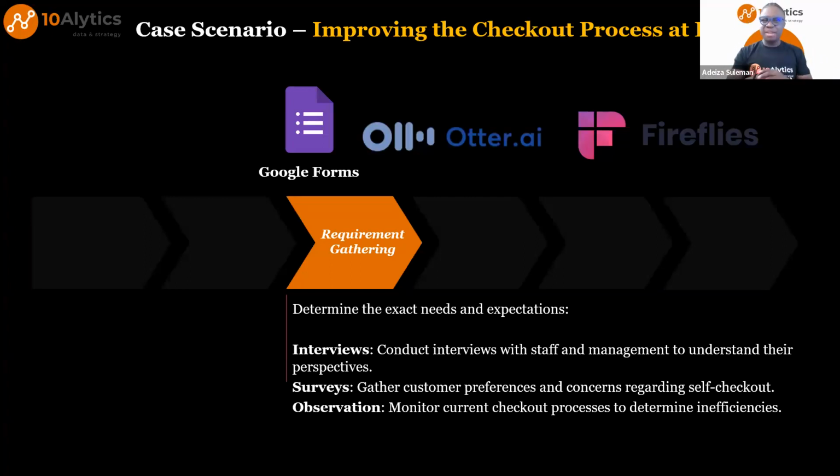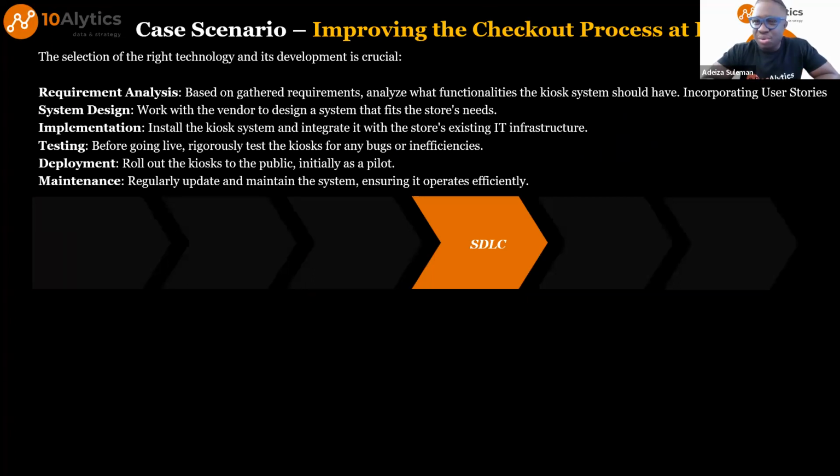All right, so now that you've gathered requirements, you've met with the stakeholders, you've had interviews, there's something called elicitation. Okay, so you elicit information from different stakeholders, asking the right questions, and then you've gotten what they need based on their perspective. You then move into the SDLC phase, which is the software development lifecycle phase. Now, remember, you are implementing a solution.